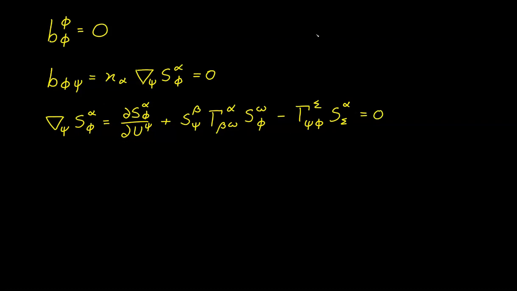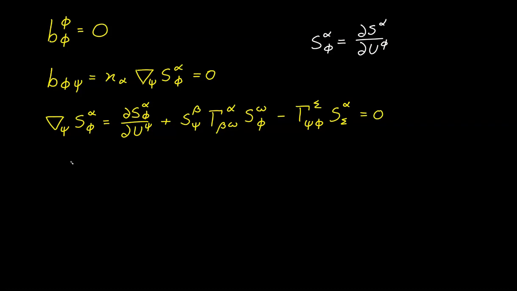Now, you'll recall that our definition of our shift tensor S alpha phi is simply the partial derivative of S alpha with respect to U phi. So this is our basic definition, and what I want to do is to substitute this basic definition into our expression here. Well, S alpha phi here is already a partial derivative, so this first term is actually a second partial.